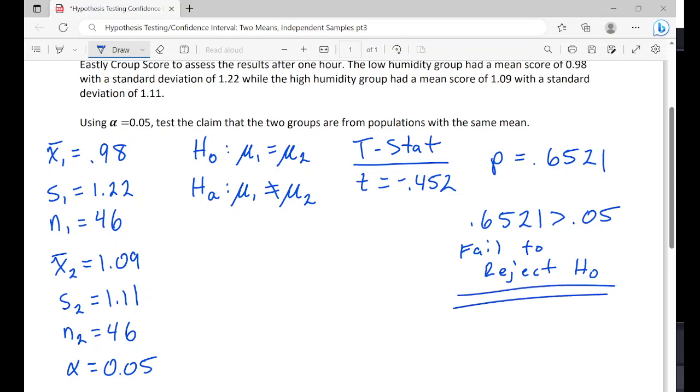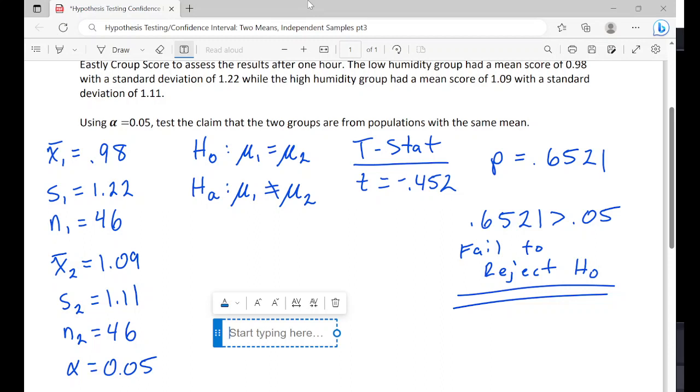But whether you fail to reject or reject the null, you still need to type in your conclusion in a sentence or so. So we're just going to do that here. Since we failed to reject the null, that means we can't get rid of the equality part of the hypothesis test.